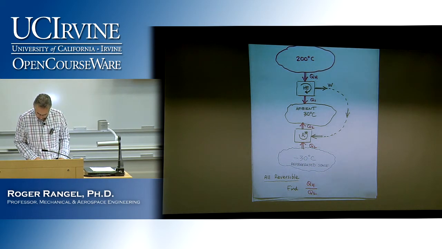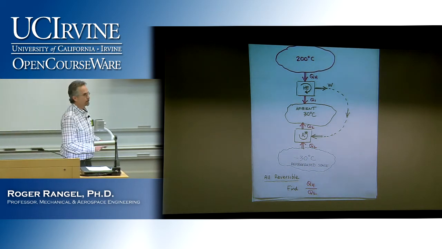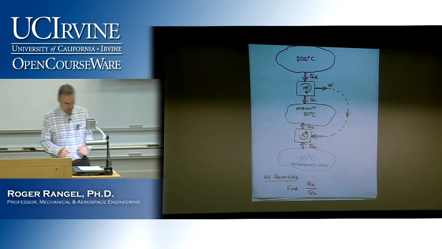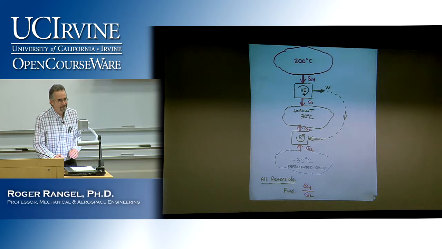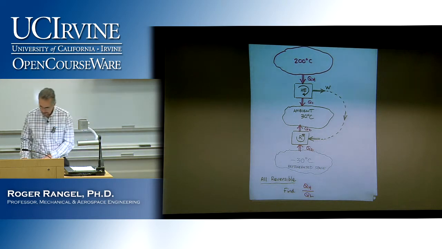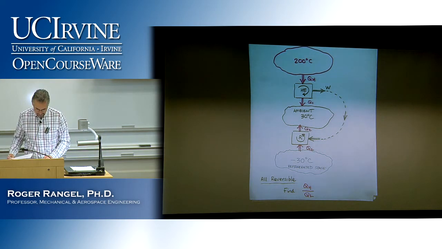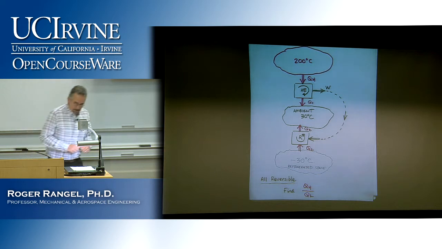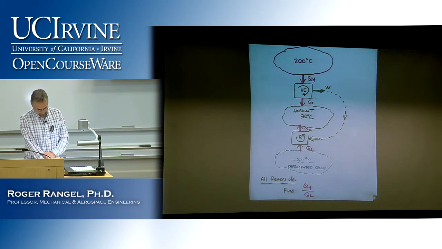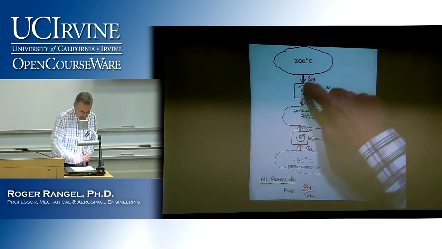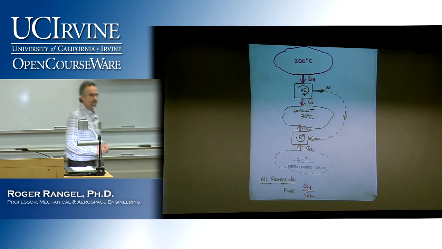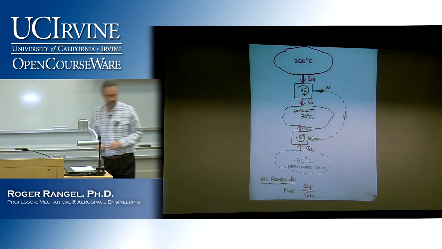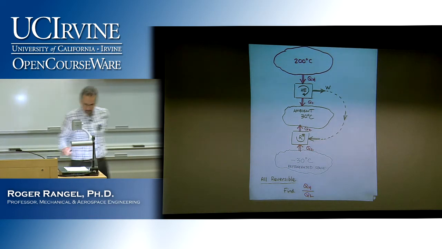Okay, so how do we do this? Any ideas? How to get started? Could I, for example, find the efficiency of this heat engine? Remember, it's a Carnot heat engine.